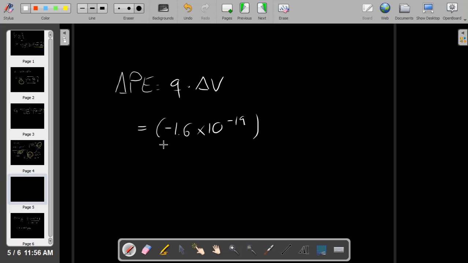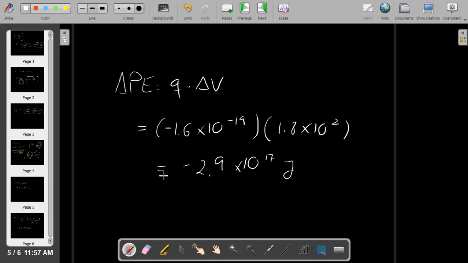We're not doing absolute values. We're keeping the positives and negatives for the charges now. And we just calculated the change in electrical potential. We said it was 1.8 times 10 to the 2 volts. Put everything in your calculator and you should be getting a change in potential energy of negative 2.9 times 10 to the 17 joules.